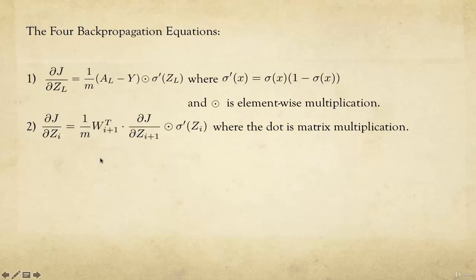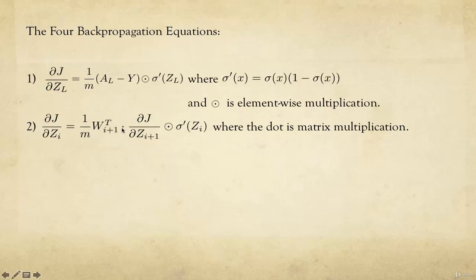And then this formula says that if I know dJ/dZ[i+1], that can help me find dJ/dZ[i]. Again, this is part of that backpropagation picture we saw earlier. This is W[i+1], where the T is for the transpose. Whereas this is element-wise multiplication, the circle dot.